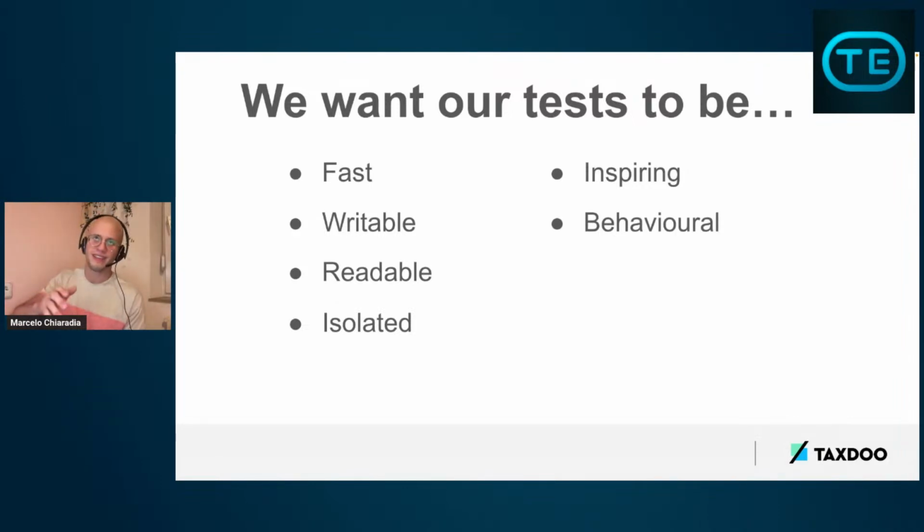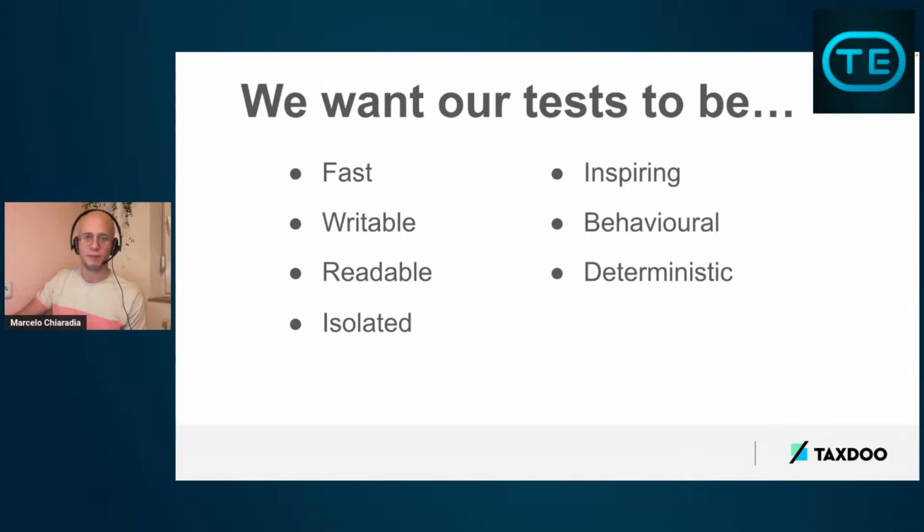This means that they should be coupled to behavioral code and decoupled from the structural code. So whenever we perform some changes on the behaviors, the test should fail, and that's a good thing. But whenever we perform some change in the structure of the code, the test should still pass. This is pretty much the definition of refactoring: not changing the behavior, but improving the design.